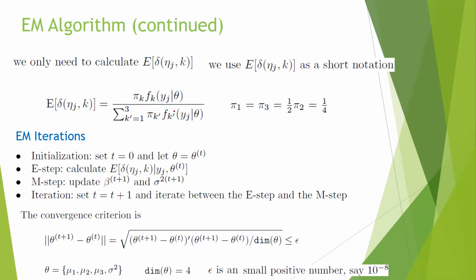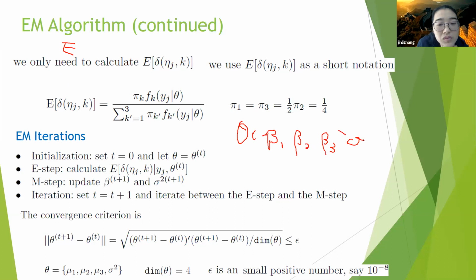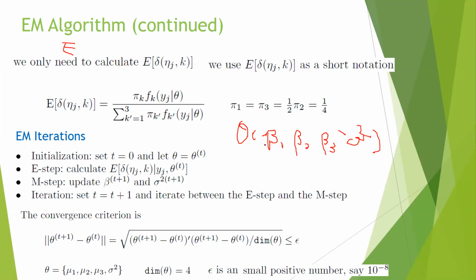So suppose this is the E step, right? We want to calculate this. What do we know at this step? Do we know the theta? We knew, right? Beta 1, beta 2, and beta 3, and the sigma square. We knew this, because it has been updated in the previous M step, right?